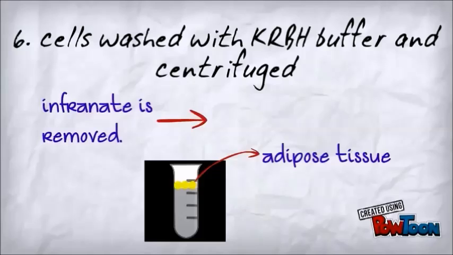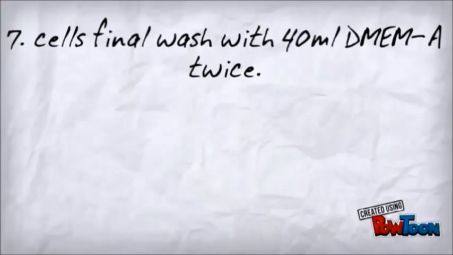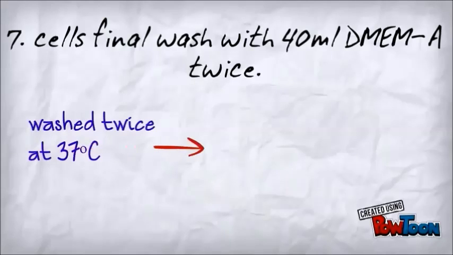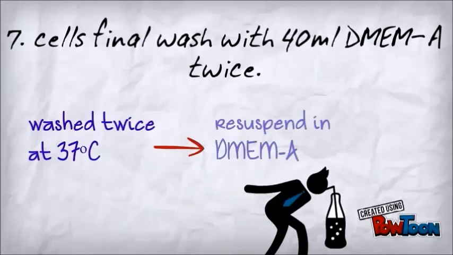The process is repeated twice. The cells are finally washed twice with 40 ml of DMEM at 37 degrees Celsius. The cells are then resuspended from the surface of the medium in DMEM at a cytocrit of approximately 40%.